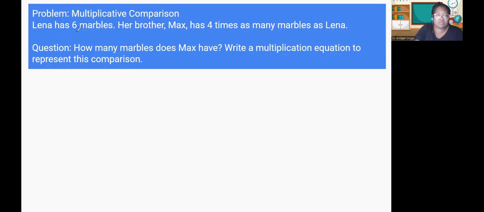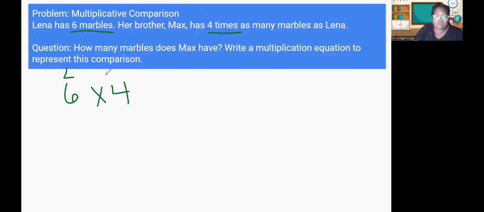So we know that Lena has 6 marbles and her brother has 4 times as many marbles as Lena. So if Lena has 6 and Max has 4 times as many, that would be 6 times 4, because we have Lena's 6 marbles and Max has 4 times as many.